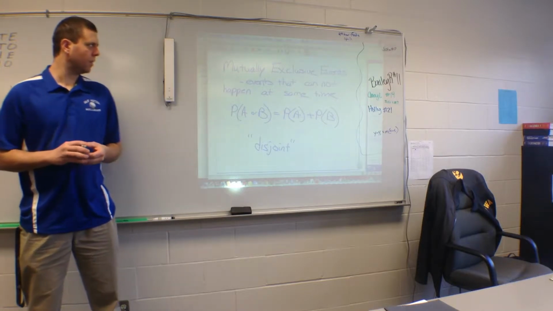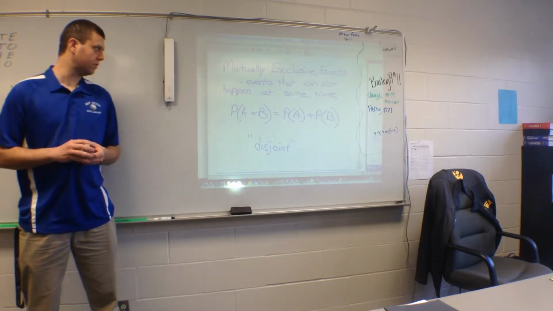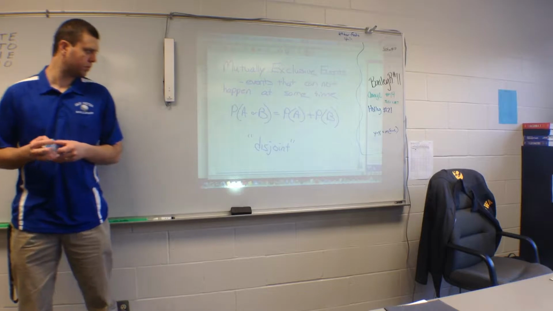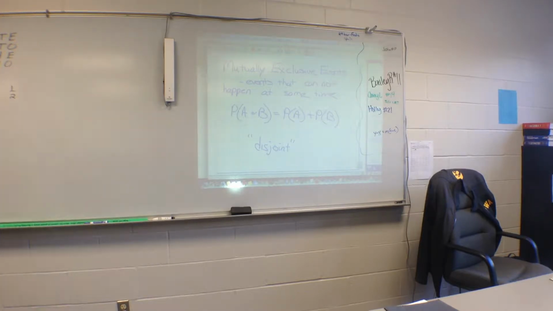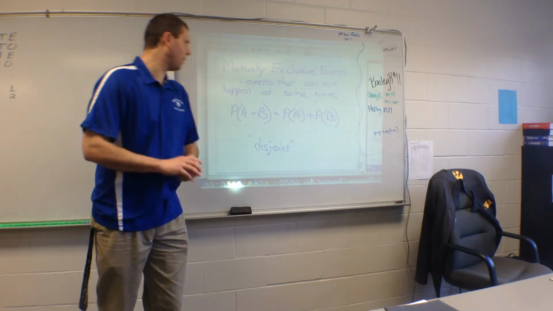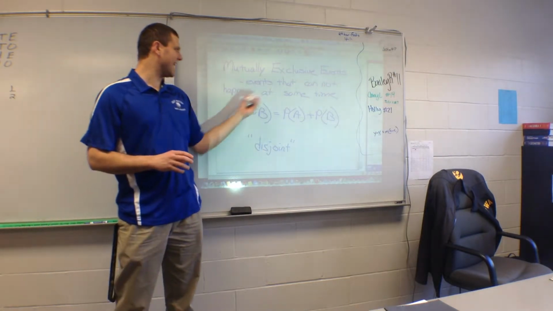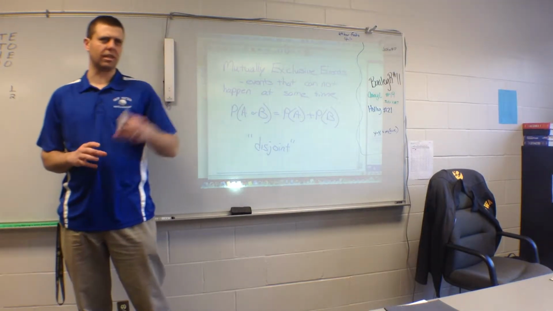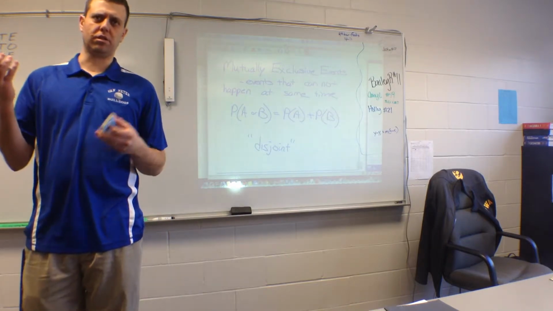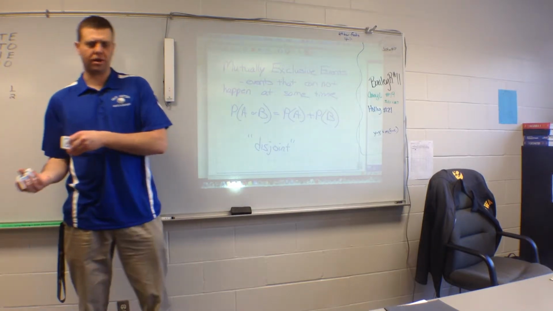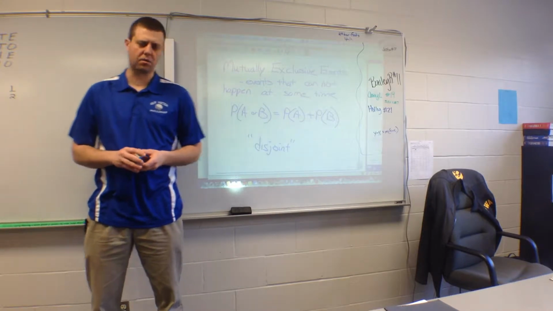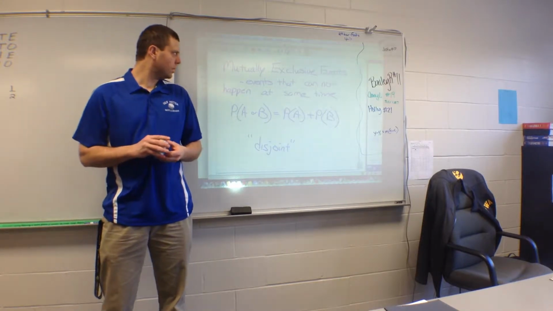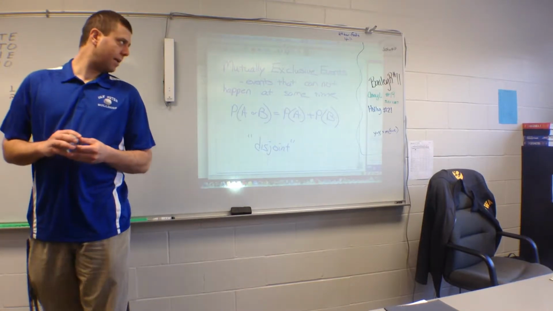I think in Algebra 1, their textbooks use mutually exclusive. Same publisher, they use the word disjoint a little bit more here. Same sort of idea. Disjoint meaning they're essentially separated out a little bit. They're events that cannot happen at the same time. Like Isaac said, there are two red aces, so they fall into the red category and they fall into the ace category. So those would not be mutually exclusive.